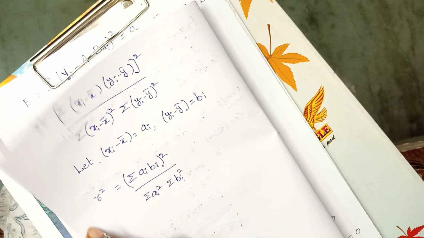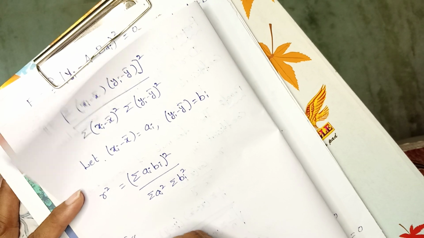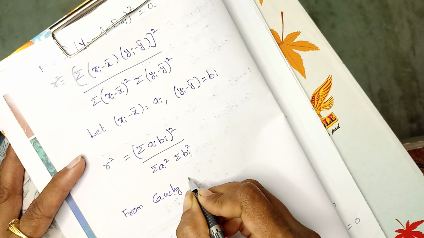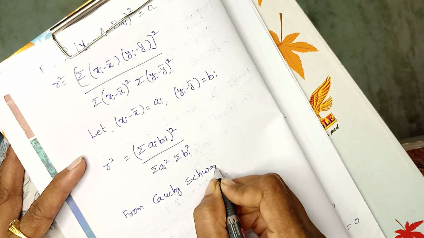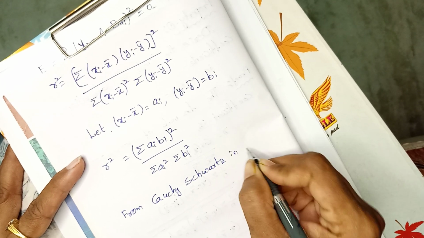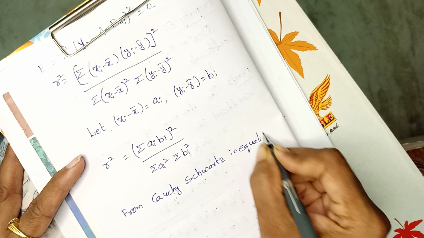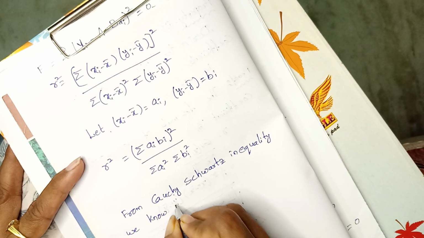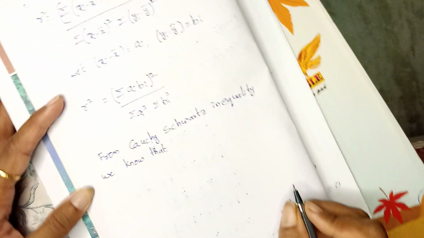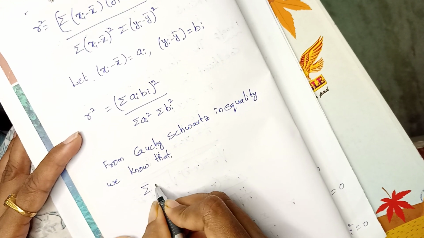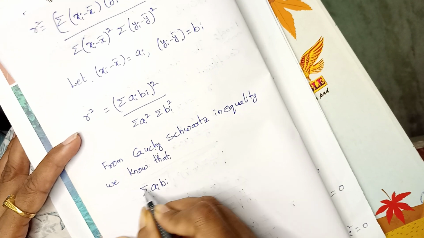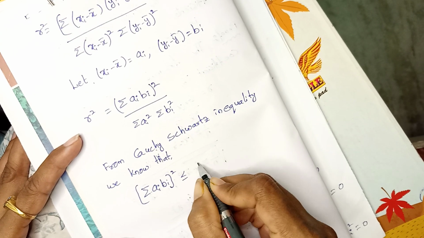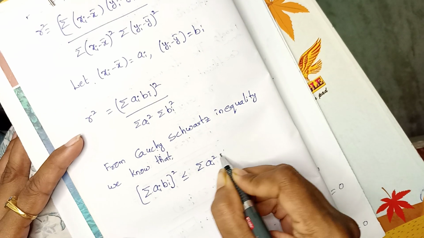From the Cauchy-Schwarz inequality theorem, we know that summation ai bi whole square is less than or equal to summation ai square into summation bi square.